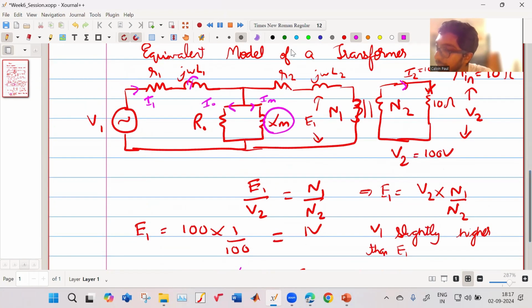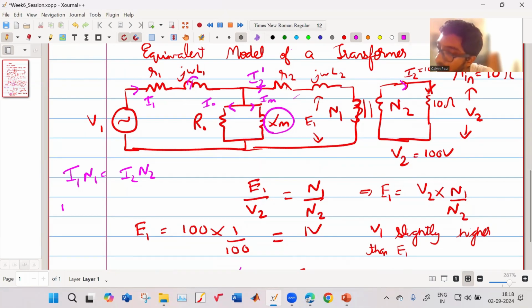So in a practical transformer, we cannot have the relation I1 N1 is equal to I2 N2. Why? Because this I1 is getting divided into I0 and IM plus some I2 dash.